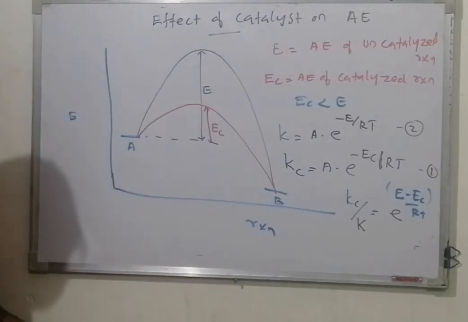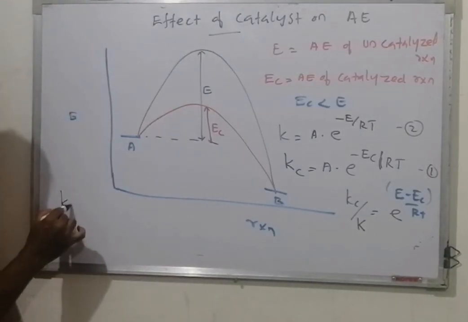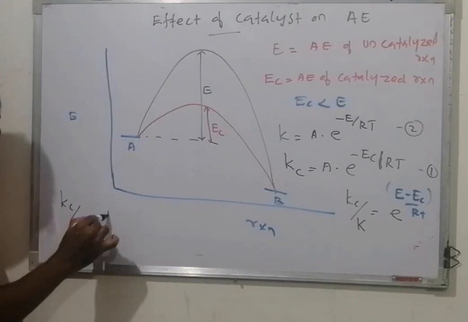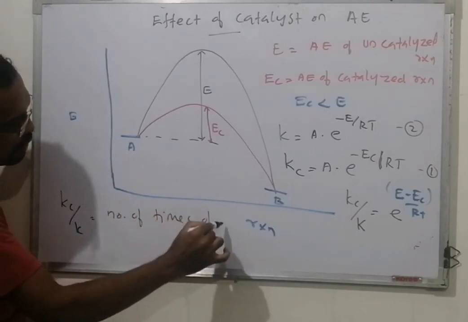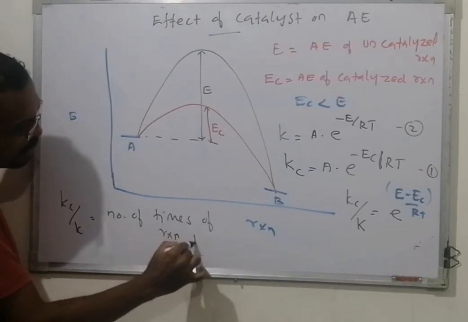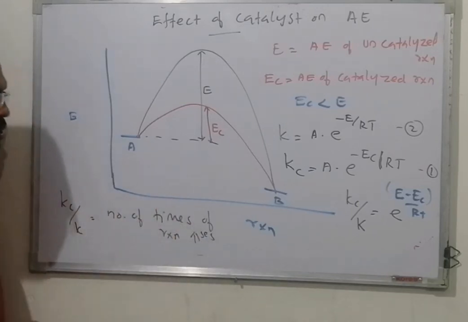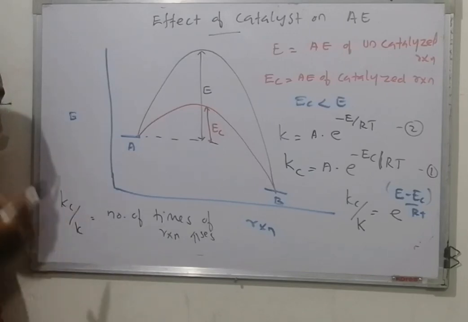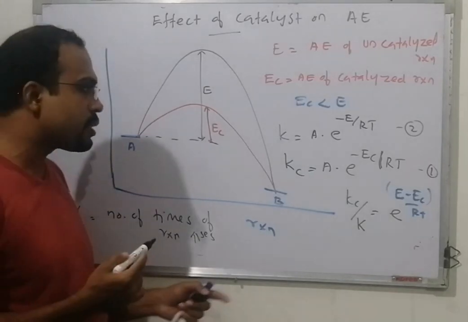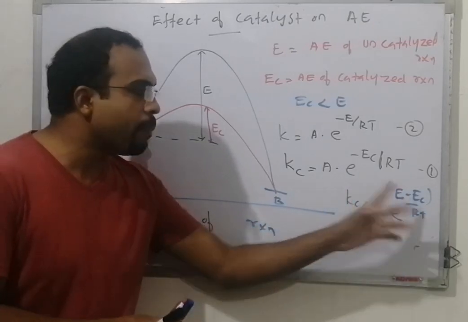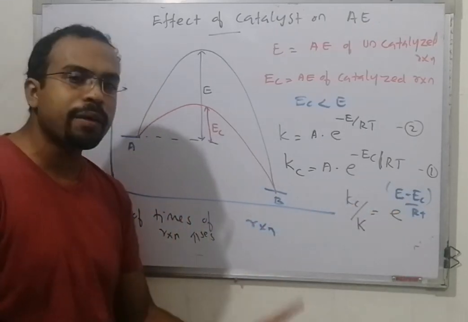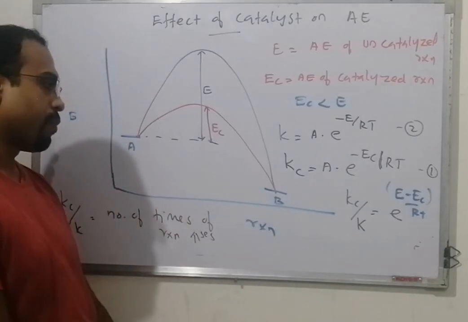Now, Kc by K is the number of times the reaction rate increases. How many times does the reaction increase? Directly proportional to value of E minus EC.